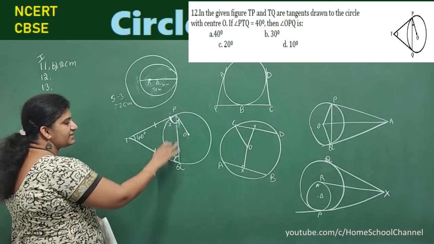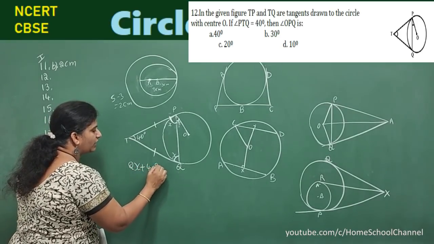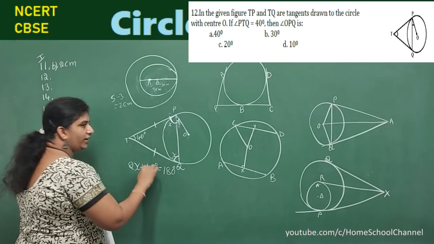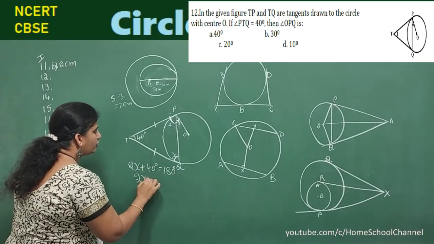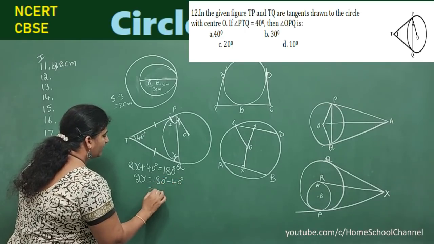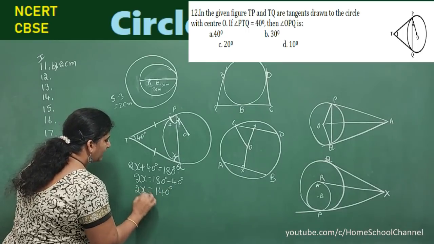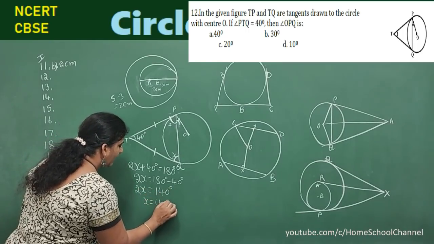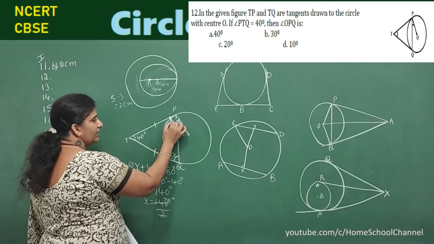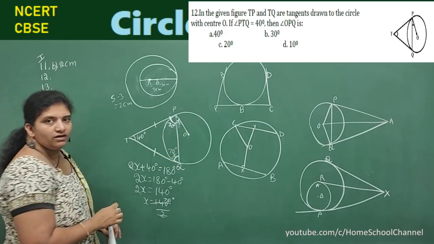X plus x will be 2x. 2x plus 40 degrees is equal to the sum of the interior angles of a triangle, which is 180. 2x is equal to 180 degrees minus 40, that will be 140 degrees. X is equal to 140 degrees by 2. It is 70 degrees. Now this angle I got as 70 degrees and this will be 70 degrees.